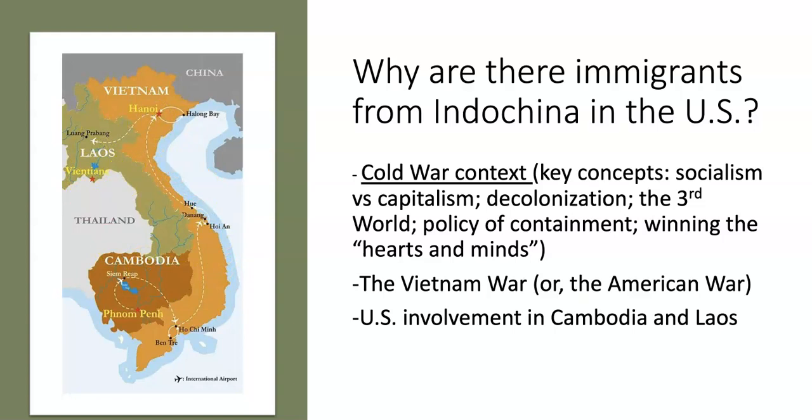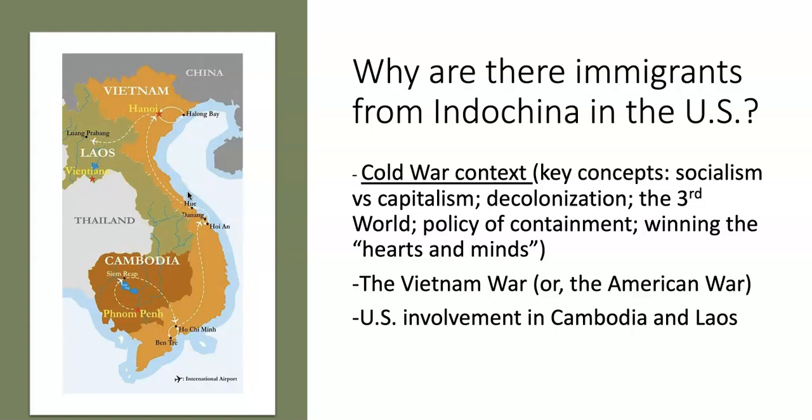Now, what does Laos and Cambodia have to do with the Vietnam War? We know they're neighbors, right? Well, for starters, North Vietnam had a supply route that ran along the western border of North Vietnam and actually spilled over into Laos at certain areas.